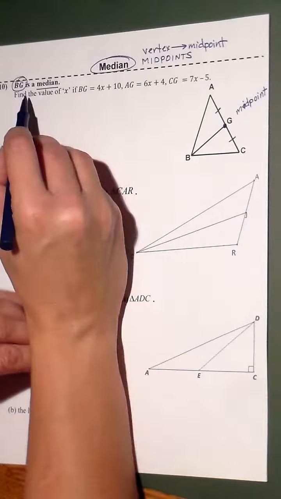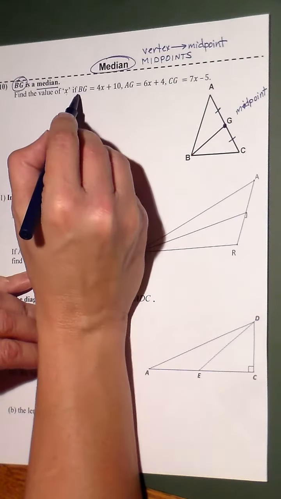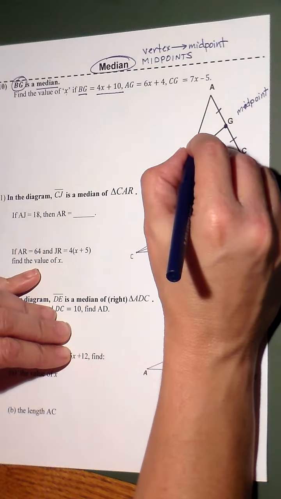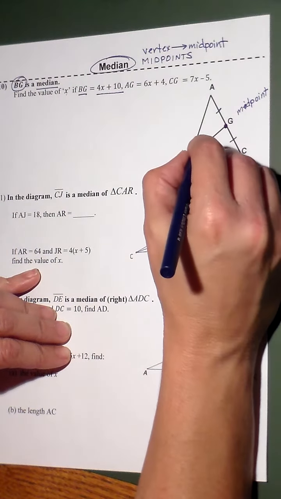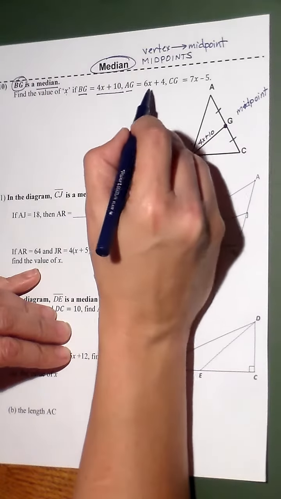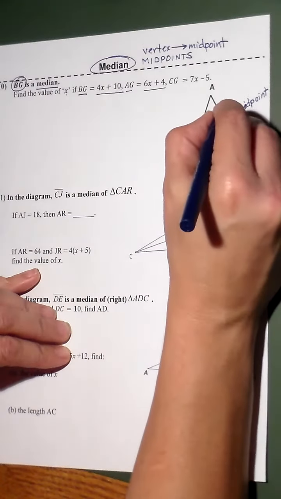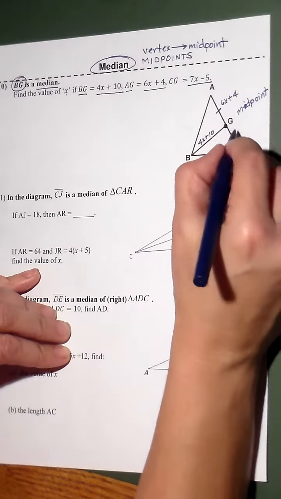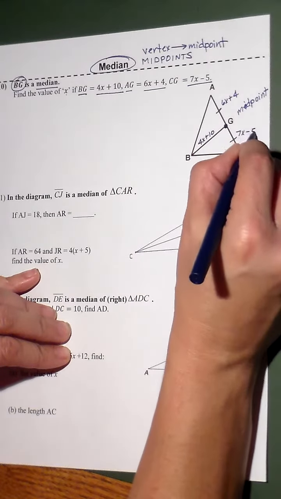So find the value of x if BG is 4x plus 10, AG is 6x plus 4, and CG is 7x minus 5.